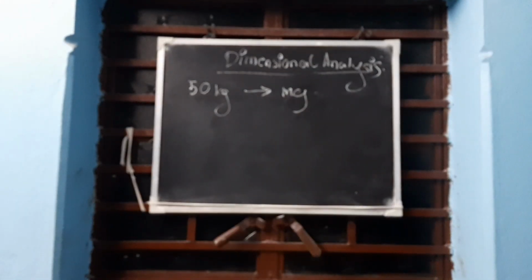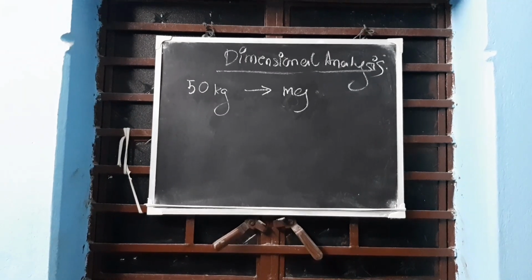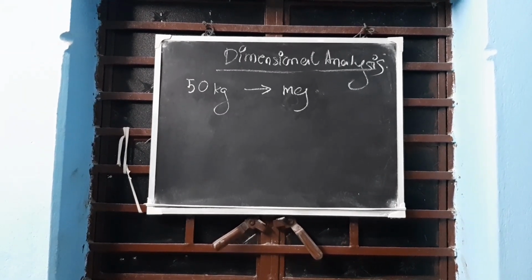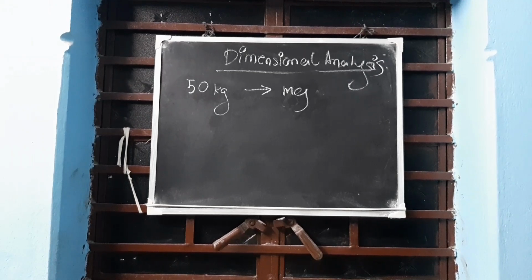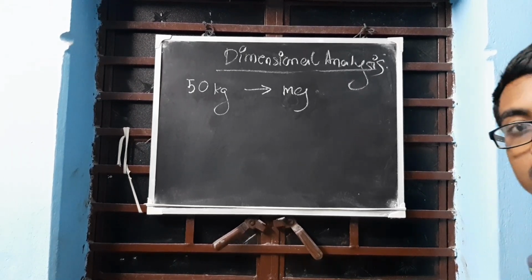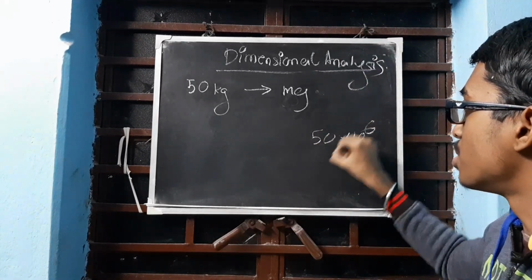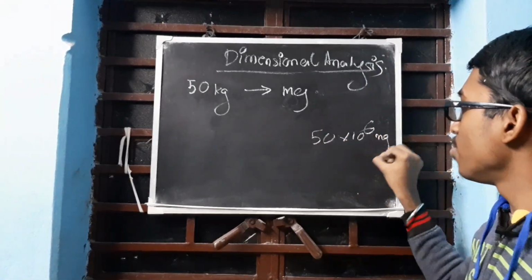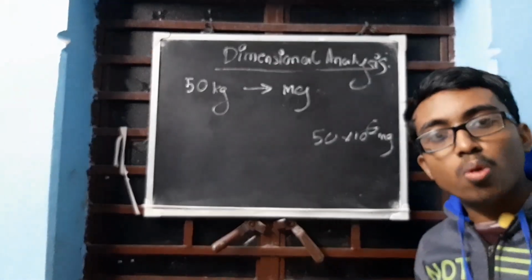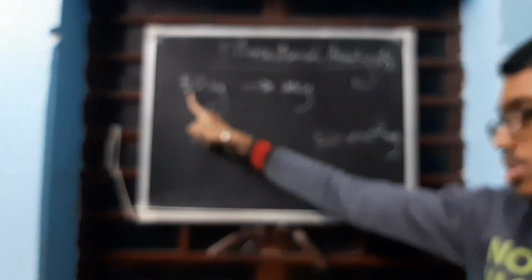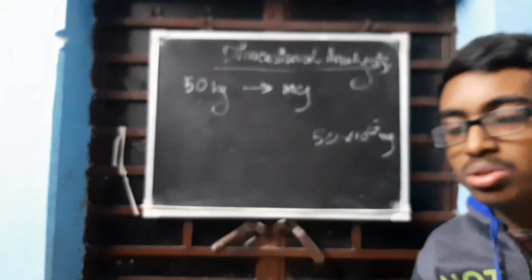You have 50 kg weight, you need to convert it into milligram. You know the relation between kg and mg, that's 10 to the power 6, and since we are going from bigger to smaller, we will multiply. So the answer is supposed to be this. Everyone knows that. Fine, no problem. Zeros like these are very easy to sort out.